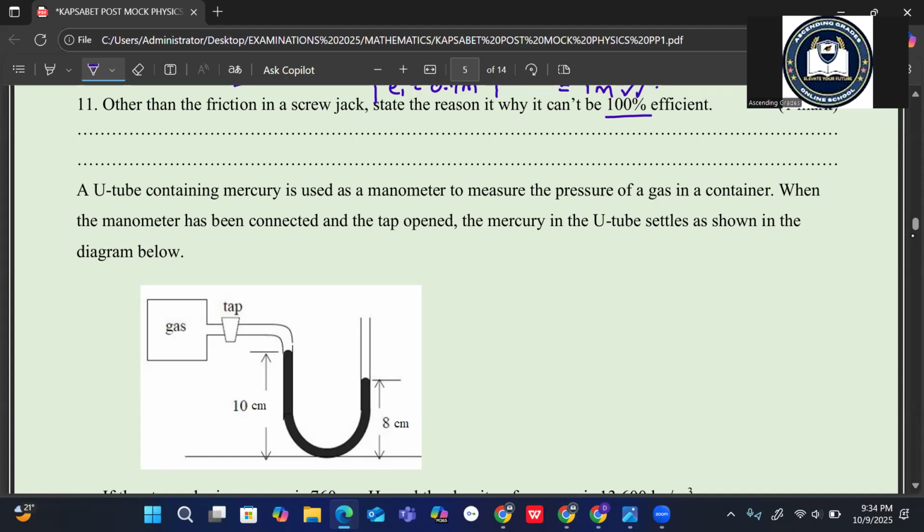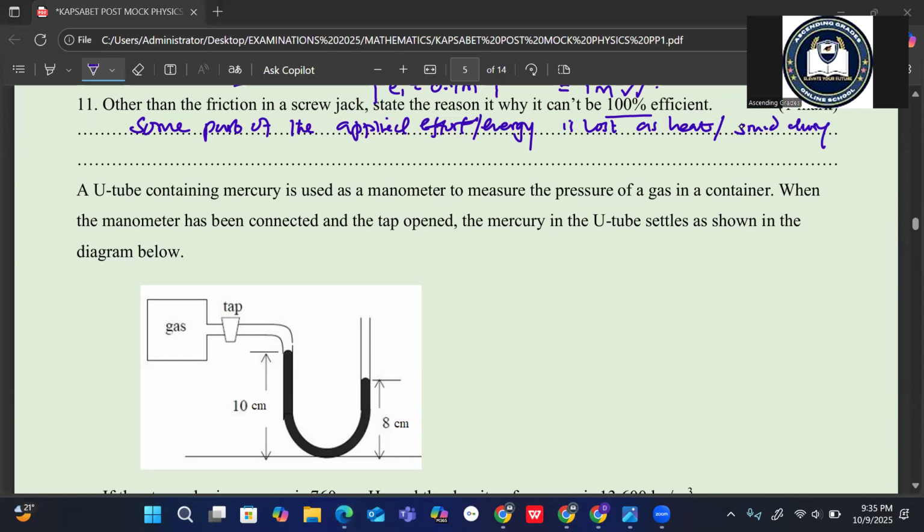Some part of the applied effort is lost as heat and sound during operation.